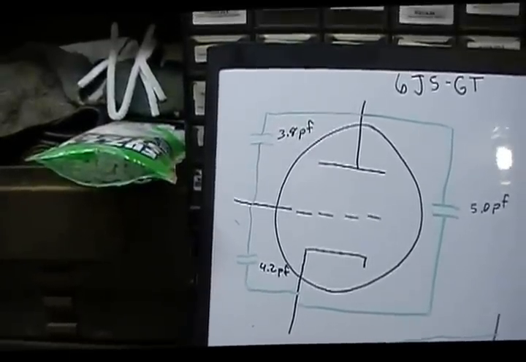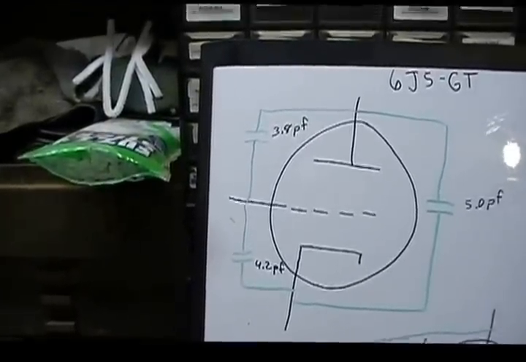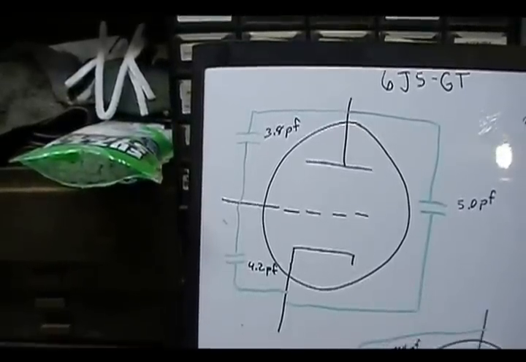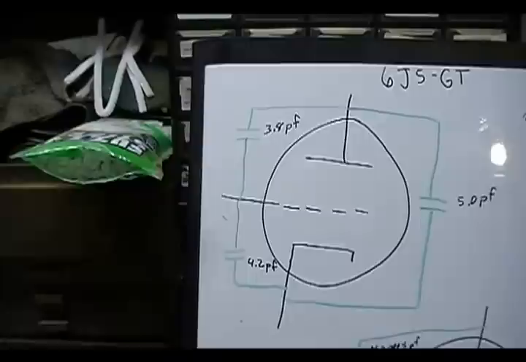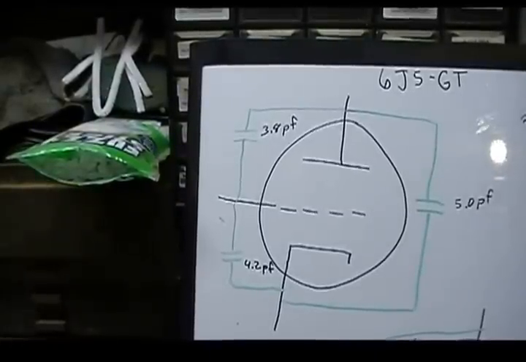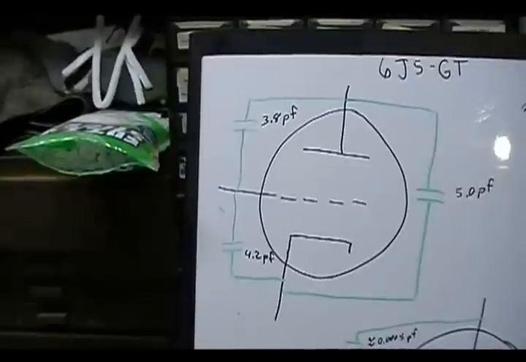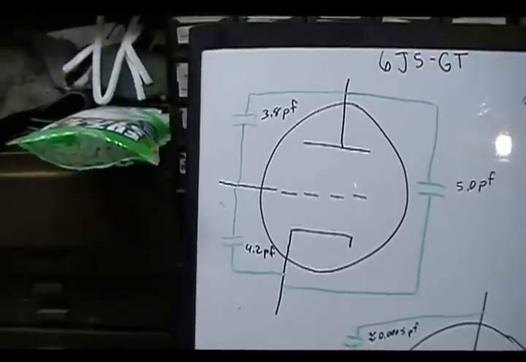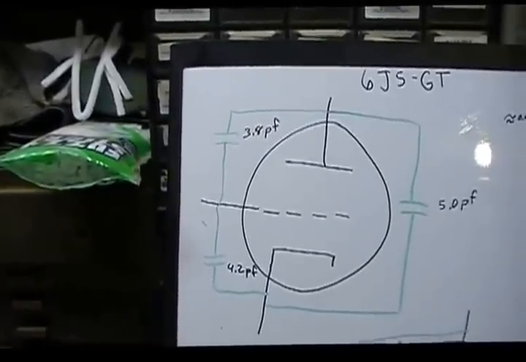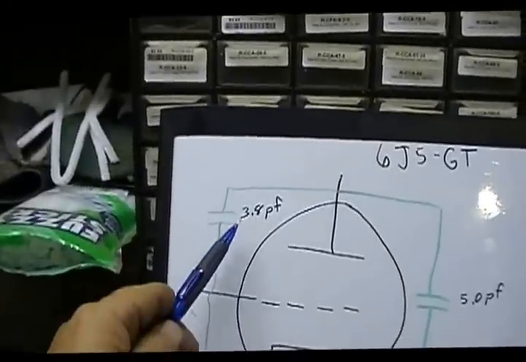It started becoming popular. Well, shortwave is much higher in frequency than your AM broadcast band. And once you start getting up around 3 and 4 megahertz and on up, this starts becoming a problem.